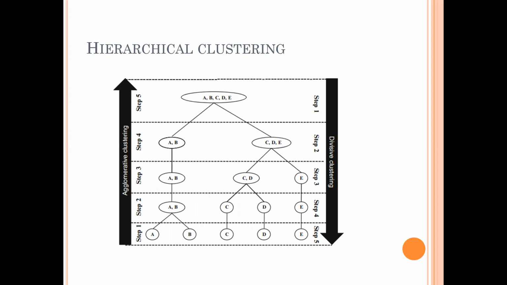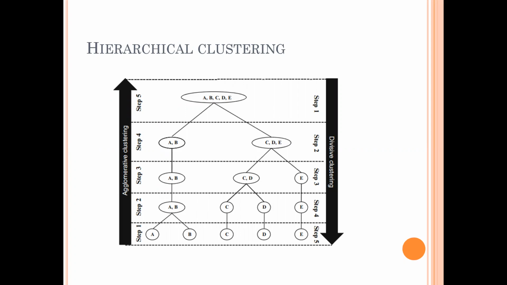It can be either of them. When you either join them or break them, you call it either agglomerative clustering or divisive clustering. When you start with ABCD in one group and then break into AB and CD and then further break, that is called divisive clustering.